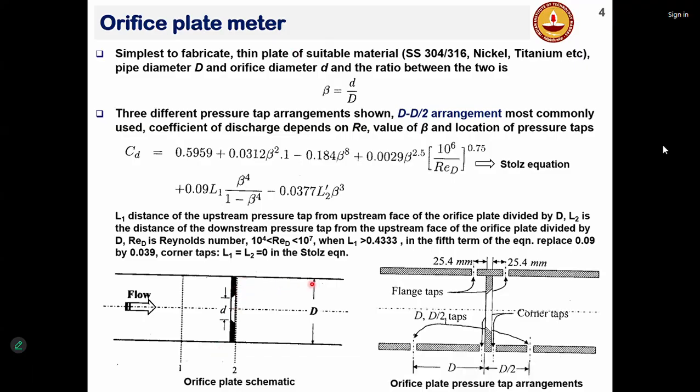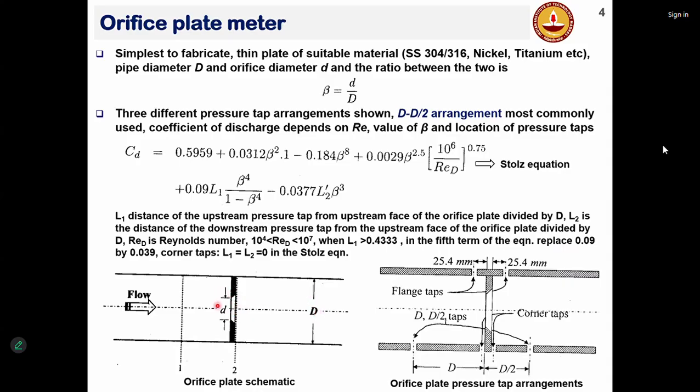And you see that suddenly from a tube diameter D, this is a plate whose outer diameter is the same as the ID of the tube, and then there is a smaller diameter d here. So d is smaller than the capital D, the tube diameter.